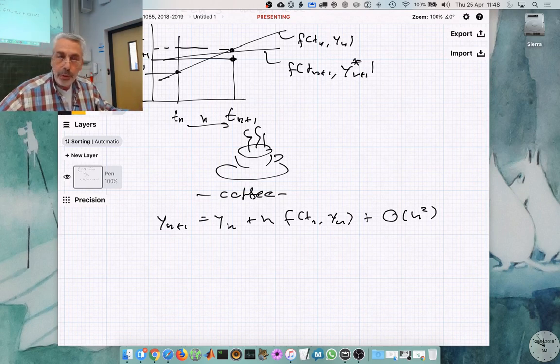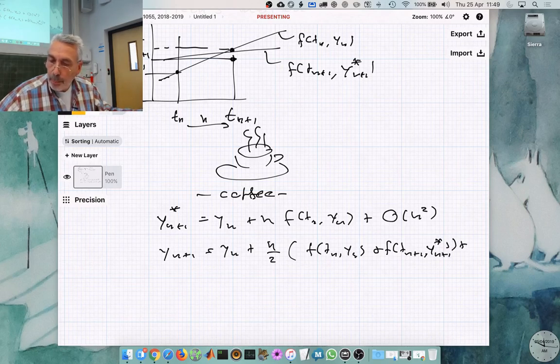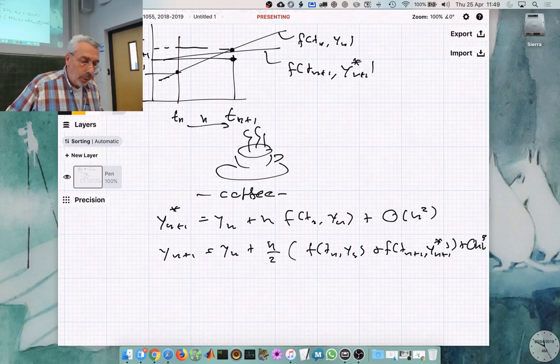And apparently if we do this Heun thing, then y_{n+1} equals y_n plus h over 2 times the derivative at (t_n, y_n) plus the derivative at (t_{n+1}, y*_{n+1}), because that's an approximation. But apparently it will be order h to the power 3 in some magical way. Okay, how does that work?